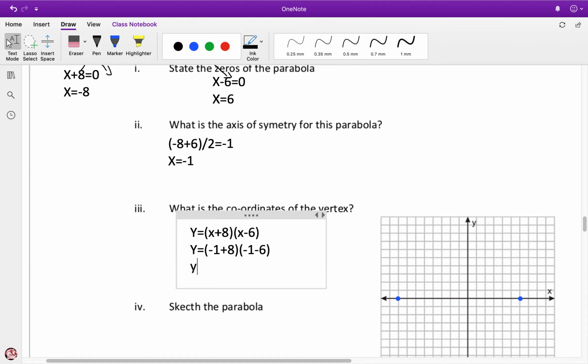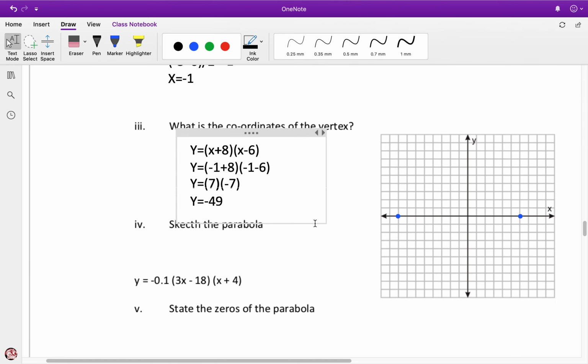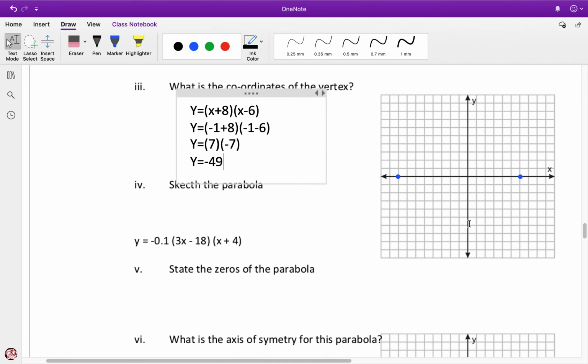That's going to equal y equals 7 and -7. And that's going to equal -49.